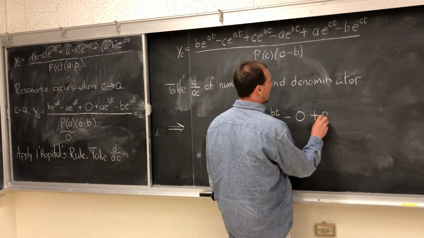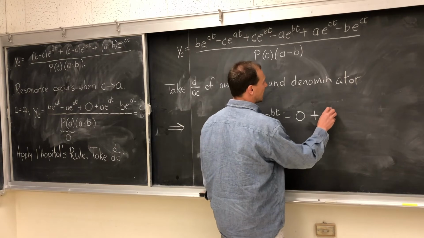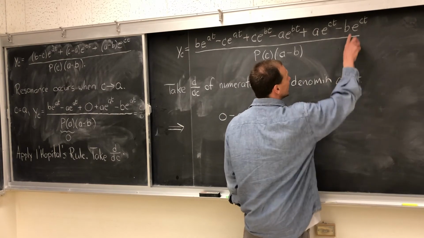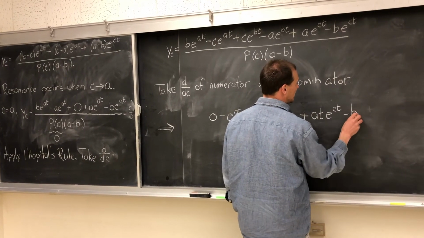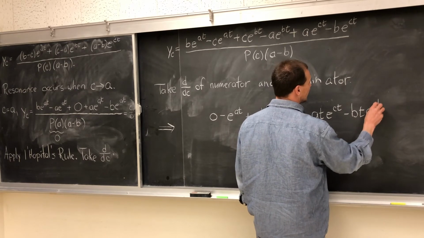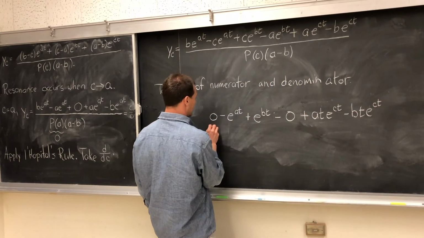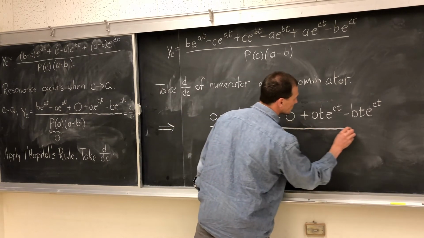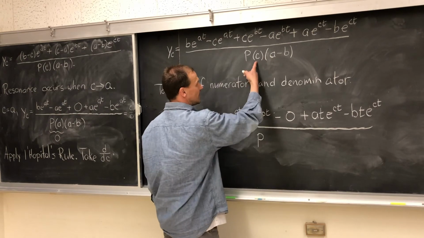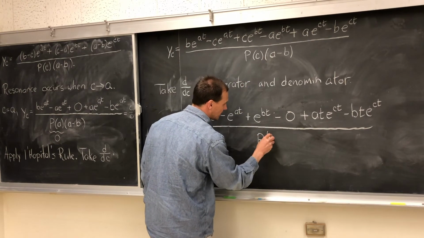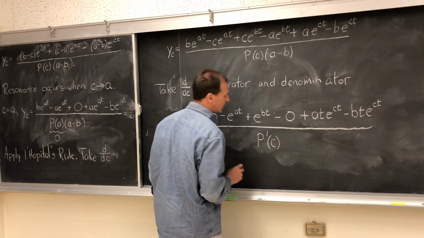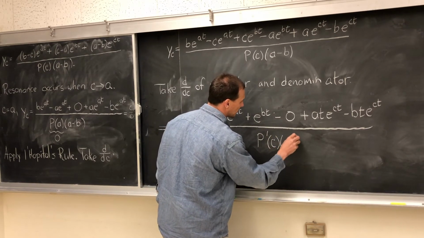This becomes a times t e to the ct minus, and here it is again, minus b t e to the ct, over the derivative of p of c, since c is my variable in this case, times a minus b.